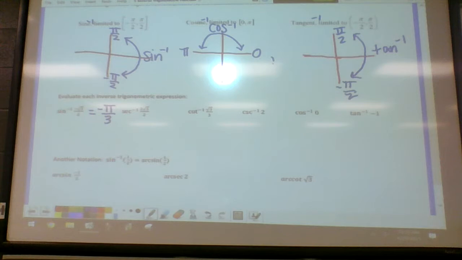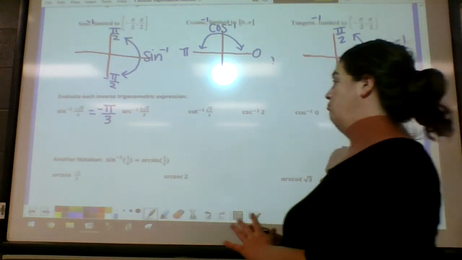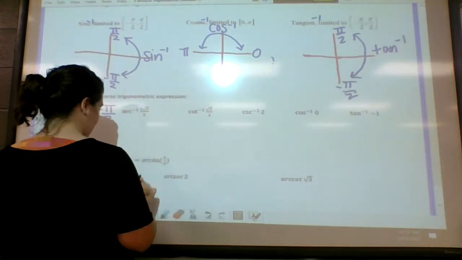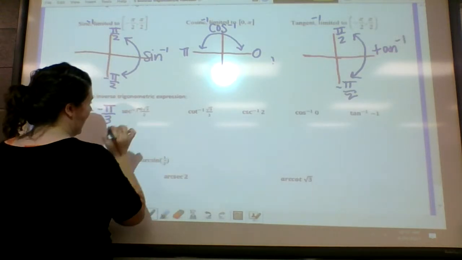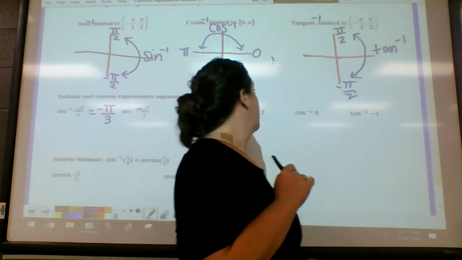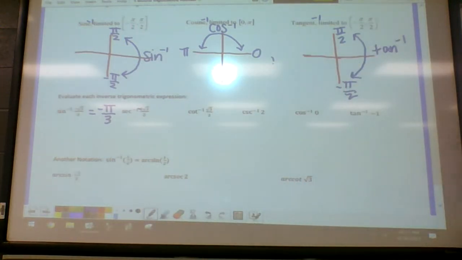All right, the next one, secant of, I'm going to make this harder. Let's put a negative in there because I can. So make that a negative 2 square root of 3 over 2. All right, so that's an interesting way to write this.